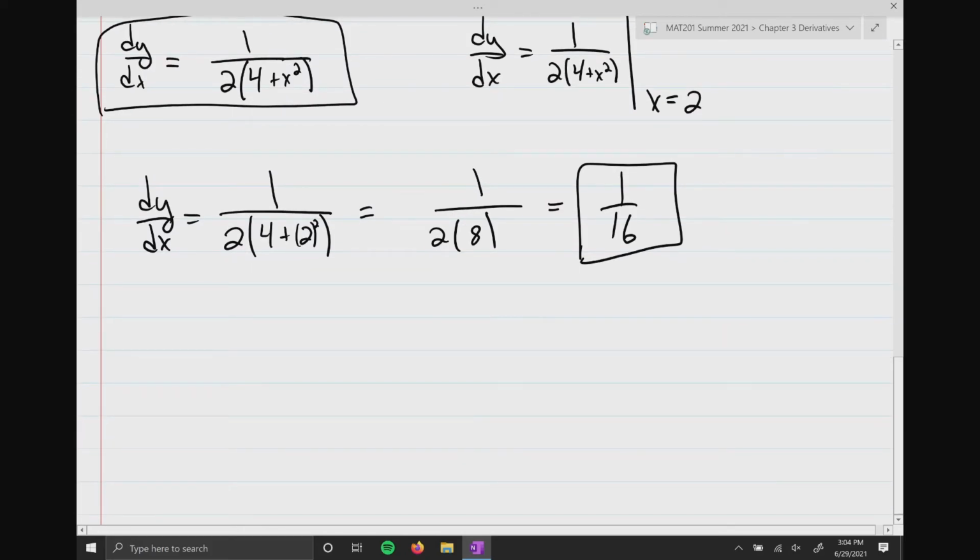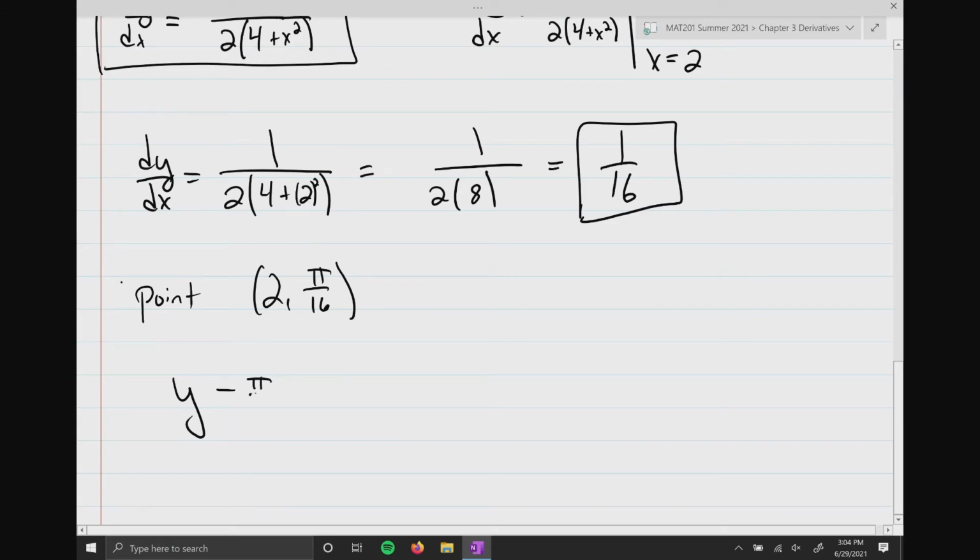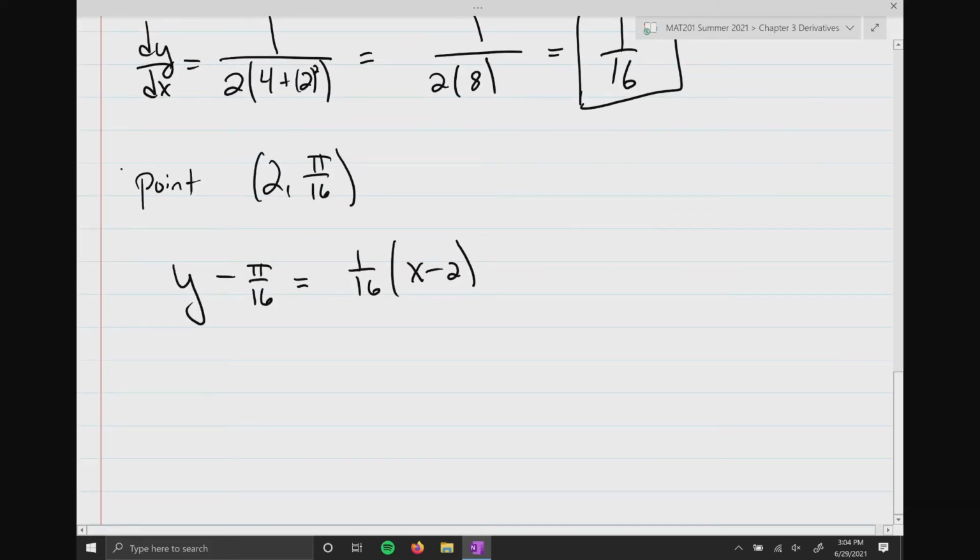Now, I got my slope, I got a point. My point is 2 comma pi over 16. Step 3, y minus pi over 16 equals 1/16 times x minus 2. And then I'm going to just go ahead and distribute. y minus pi over 16 equals 1/16 x minus 2 over 16, which is 1/8.